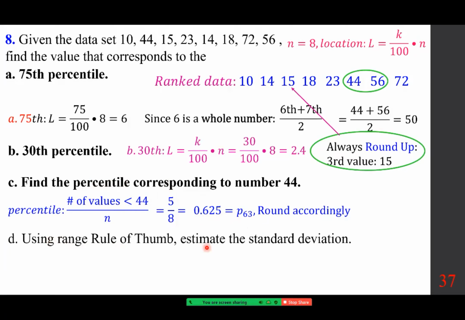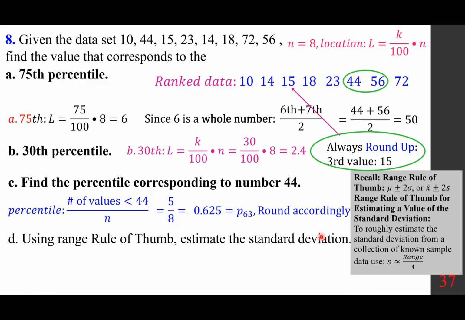Using range rule of thumb, estimate the standard deviation. As you recall, the range rule of thumb was that we would go 2 standard deviations on each side, which for a normal distribution covers about 95% of the data, the empirical rule. So the whole range should be about 4 standard deviations.